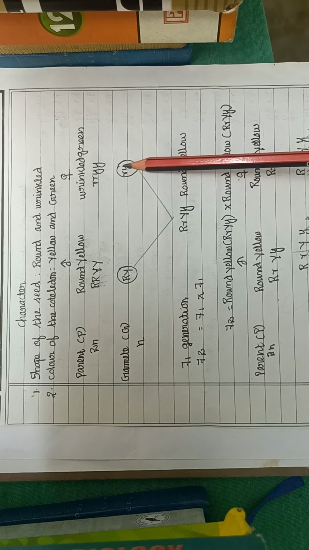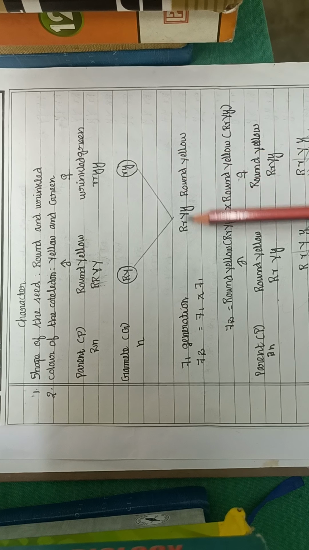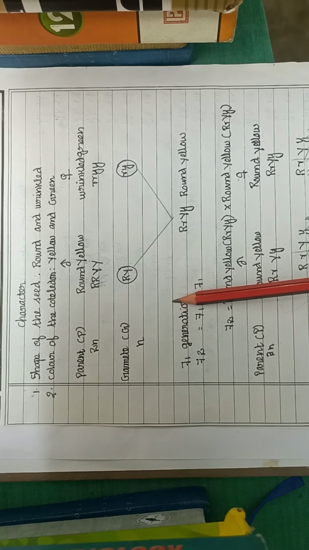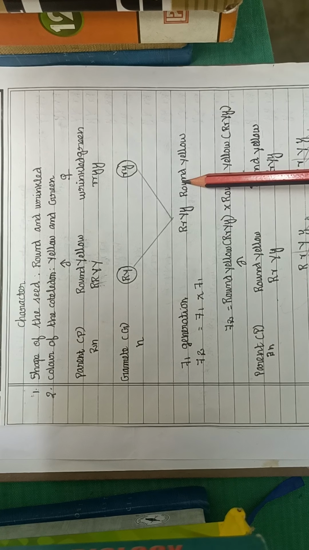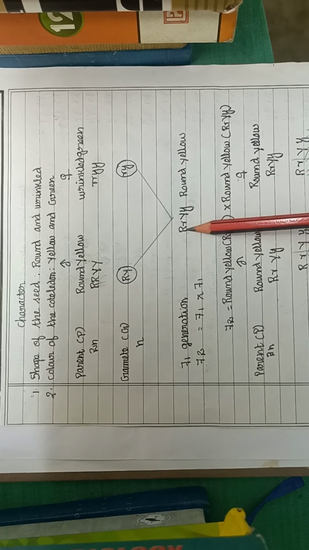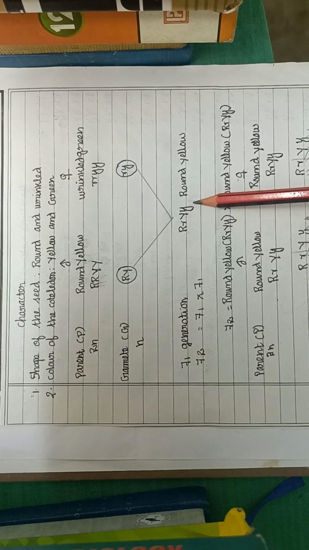When these two gametes were allowed for cross-pollination, it results in the formation of the F1 generation. Here, all the plants produced round and yellow seeds with genotype capital R, small r, capital Y, small y.